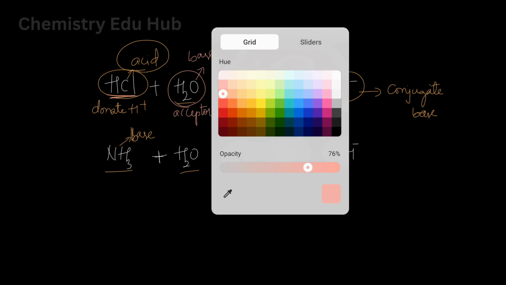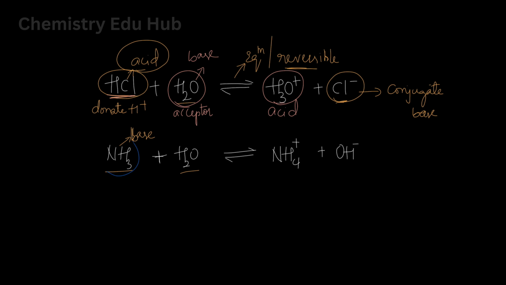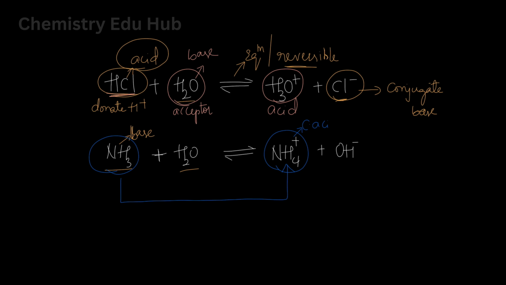Similarly, if you see the below reaction, ammonia is a base, it is accepting a proton and turning into ammonium plus ion. So this is its conjugate acid, and similarly the other species is the acid, that is water, and it turns into OH minus, and this is the conjugate base of H2O.